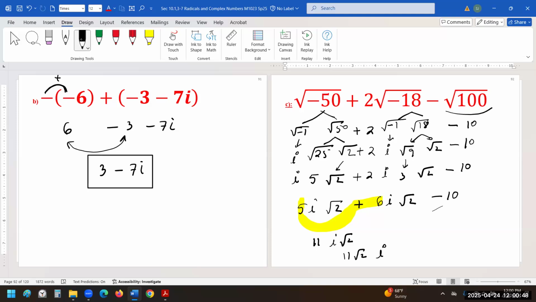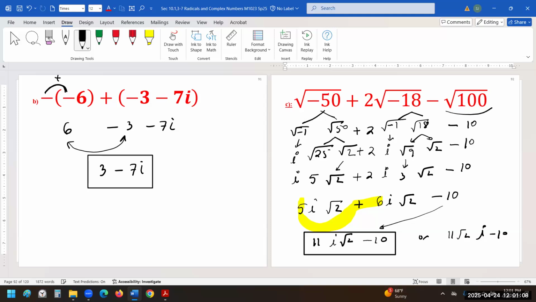And then we have this extra -10. Let me write side by side. -10. Or 11 square root of 2 i minus 10.